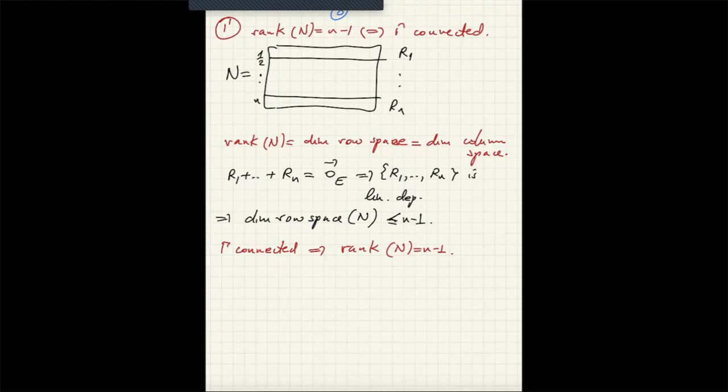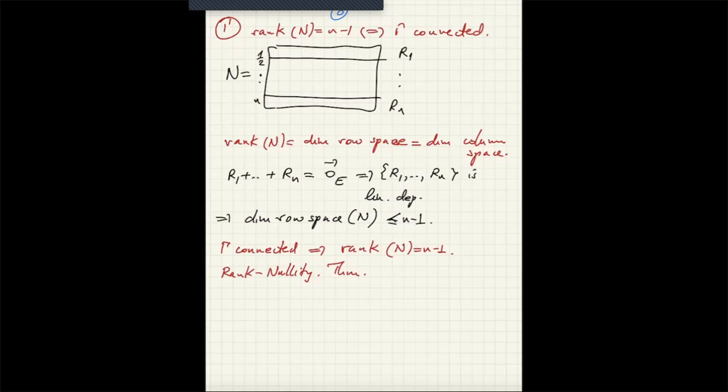What we're looking at here is essentially an application of the rank-nullity theorem, because we're trying to figure out what the rank is, and the rank plus the nullity of the matrix N equals n.